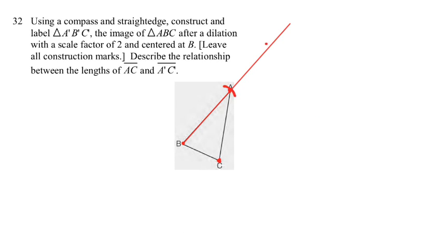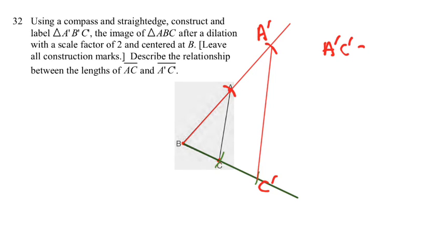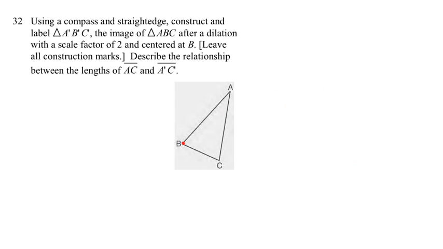Number 32. So what I'm doing here is this is a way that I was able to draw the dilation by a factor of 2. Let me try to show you one more time. Just extend the size and go double from the measurement using the compass.